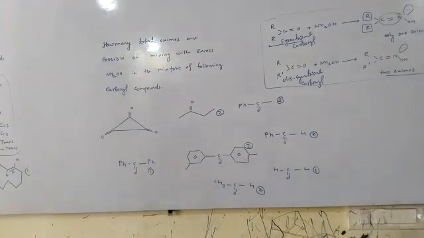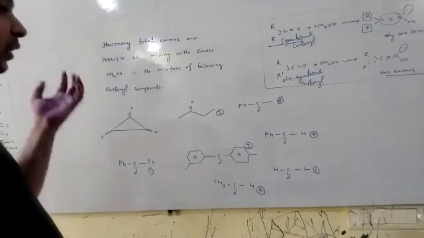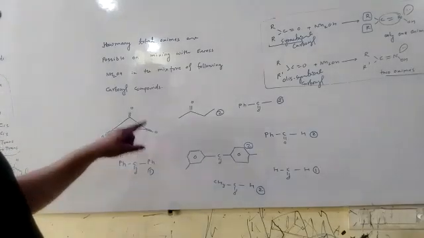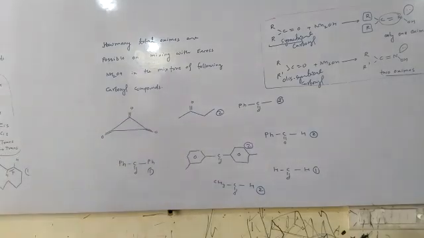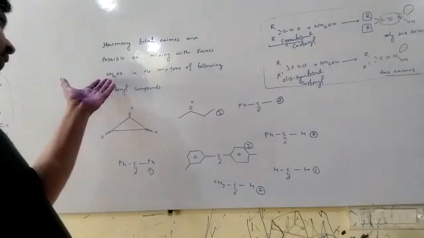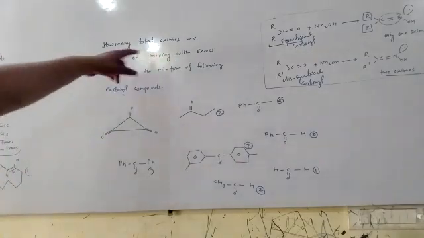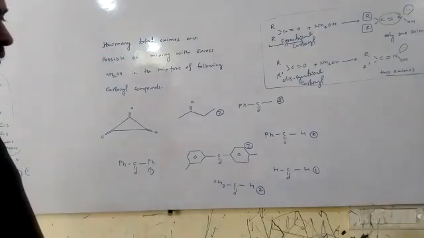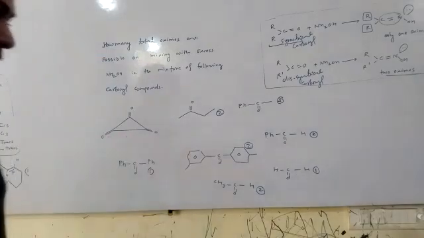So in excess of NH2OH, we will not get any oxime in which one is reacted and two are non-reacted. This is the reason for writing excess of NH2OH here. So what should be the answer here?